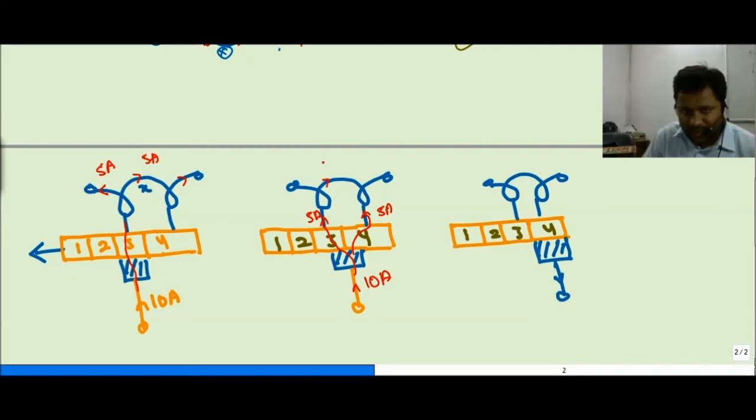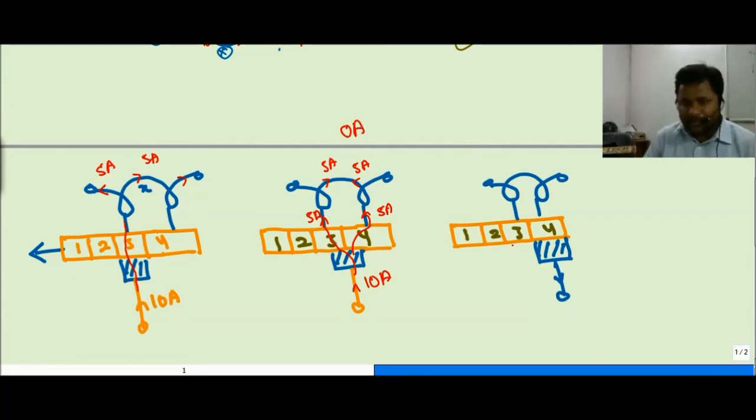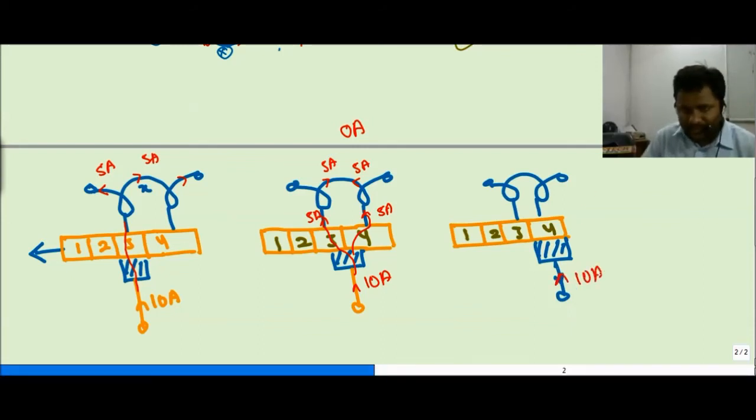So here we get the 5 ampere, here we also get the 5 ampere, and overall we are getting 0 ampere. Similarly, if I make it a 10 ampere current like this, then the current is going to be like this, and here we are getting minus 5 ampere.